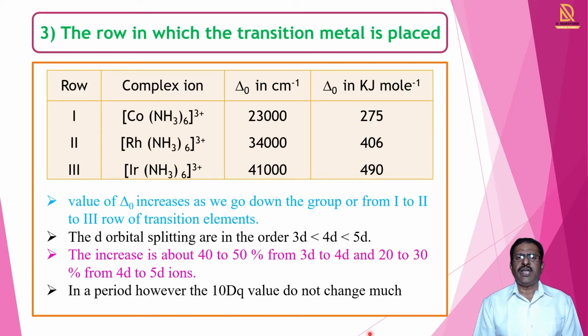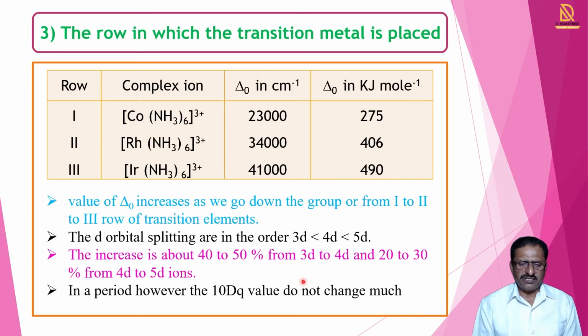If we see the actual values, then d orbital splitting can be observed in the order 3d is less than 4d, and 4d is less than 5d, or we simply say that 5d is greater than 4d, and 4d is greater than 3d. Simply, from the first transition series to the third transition series, the delta O value increases.